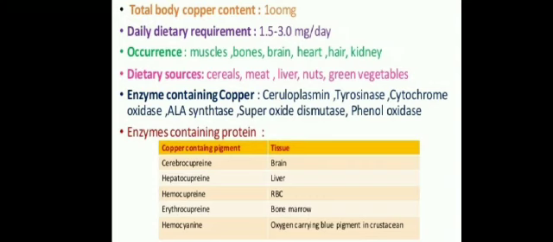In the brain it is present as cerebrocuprein, in the liver as hepatocuprein, in RBC as hemocuprein, in bone marrow as erythrocuprein, and as the oxygen carrying blue pigment in hemocyanin. The names of these proteins need not be learnt by heart. We just have to remember them by remembering the tissue or the organ in which they are present.